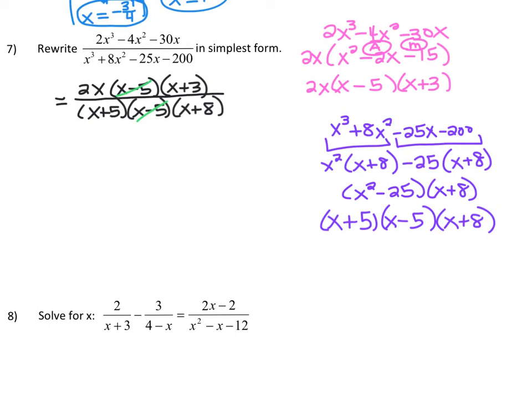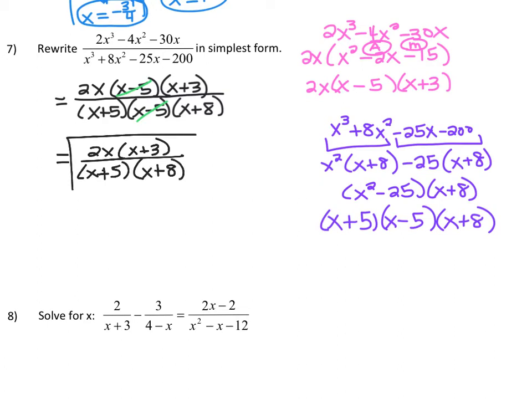All right, so you can rewrite your answer one of 2 ways. You can either just leave it in factored form as 2x times x plus 3 over x plus 5 times x plus 8. So that's a totally acceptable answer. Or if you want to distribute the 2x into the parentheses, you'd have 2x squared plus 6x over, and you could double distribute this at the bottom.